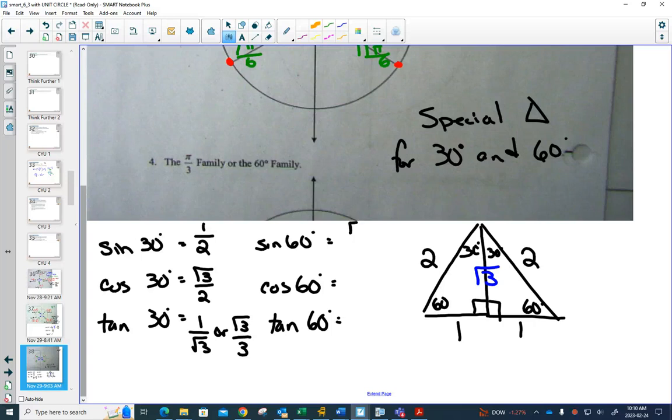Look at 60 degrees opposite over hypotenuse, cos of 60 adjacent over hypotenuse, and tan of 60 opposite over adjacent. And now this special triangle lets us label our points.